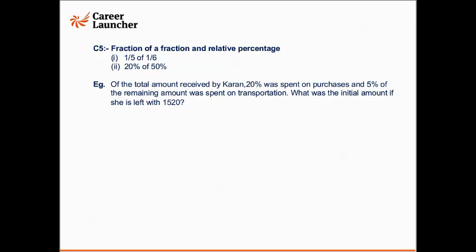Just see. If we generally consider the total amount as 100%, correct? Now 20% was spent on purchases and 5% of the remaining amount was spent on transport. If 20% has been spent, the remaining will be 80%.